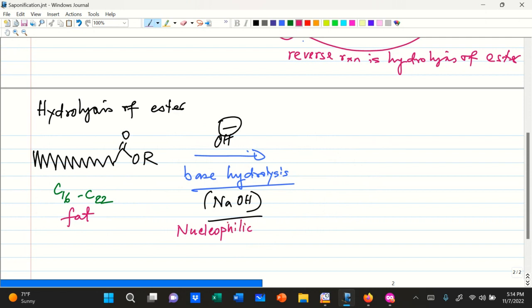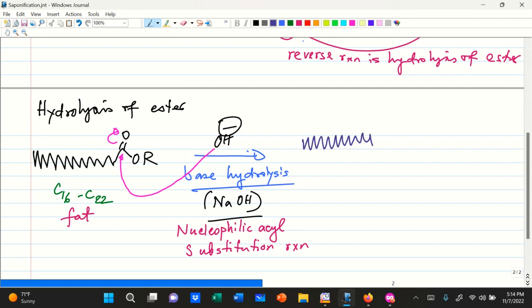Nucleophilic acyl substitution reaction, and that mechanism is extremely simple. The hydroxyl group attacks the carbonyl group, and the carbonyl double bond breaks, the result of which, again, I'm not counting, I'm just making zigzag to show the reaction.